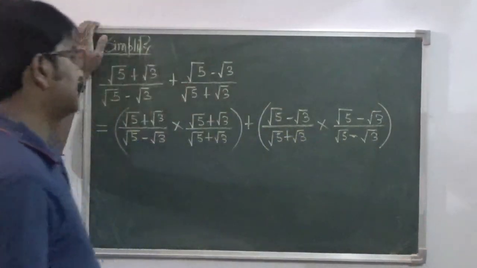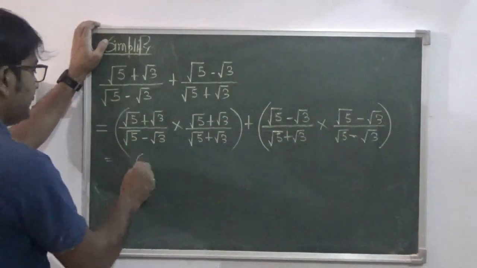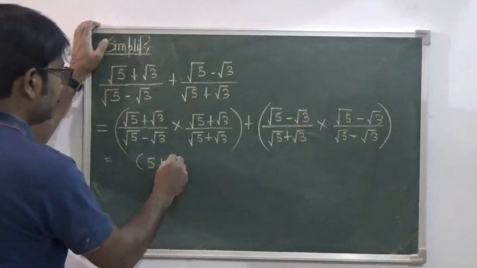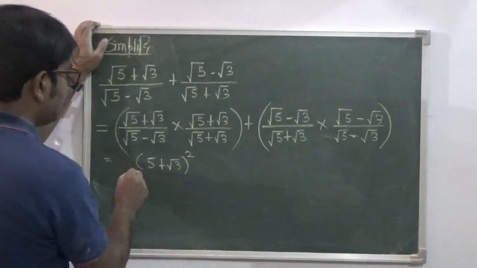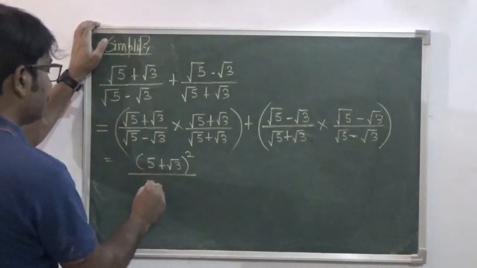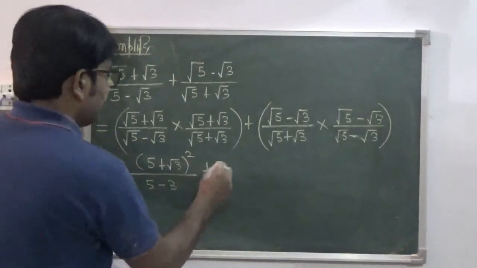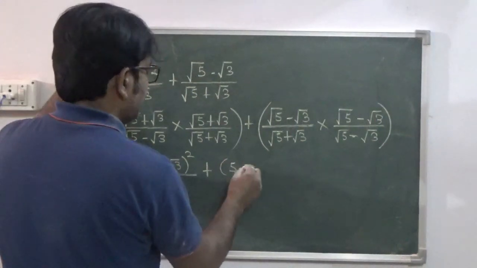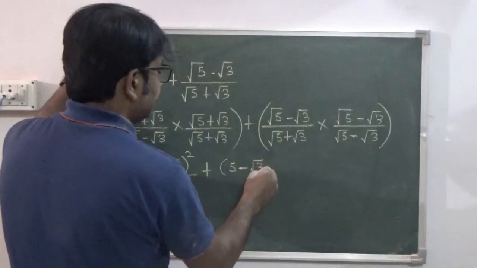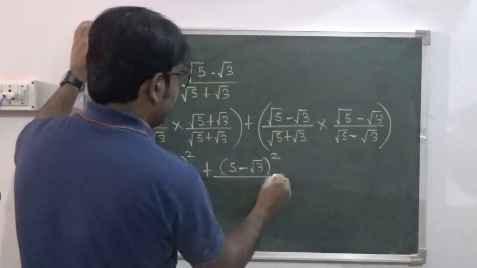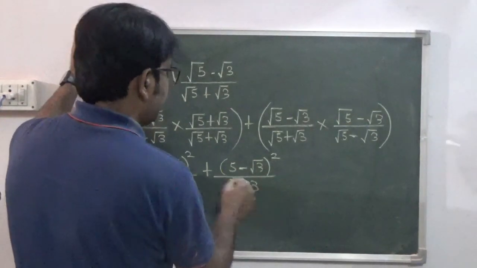After doing this, the numerator here it will be 5 plus root 3 whole square divided by 5 minus 3 plus it is 5 minus root 3 whole square divided by 5 minus 3.